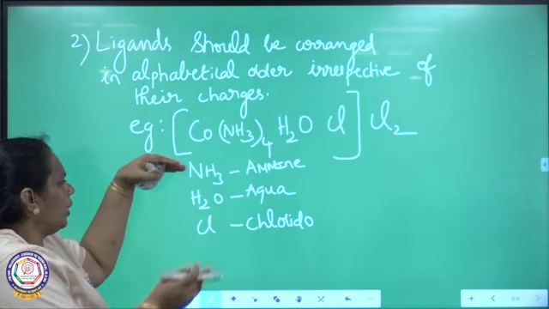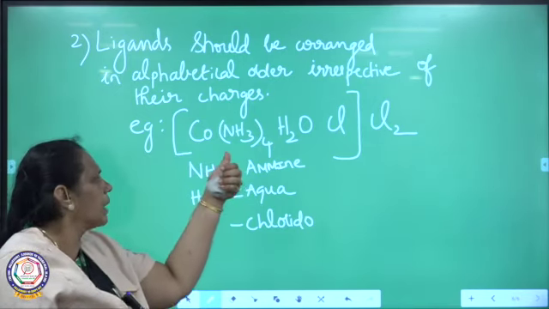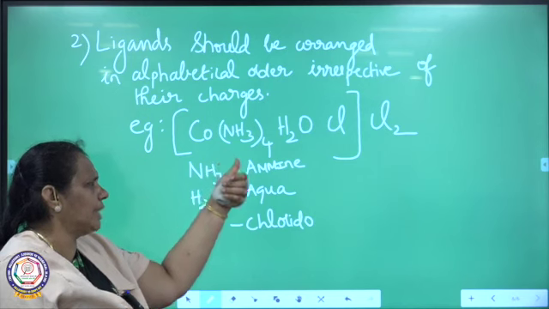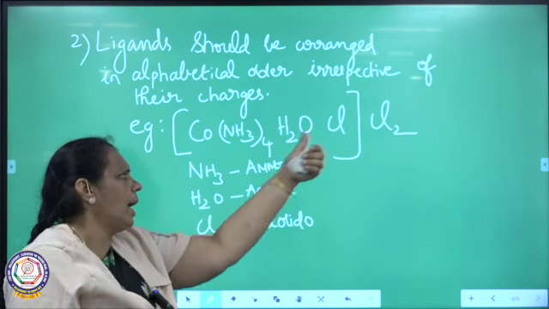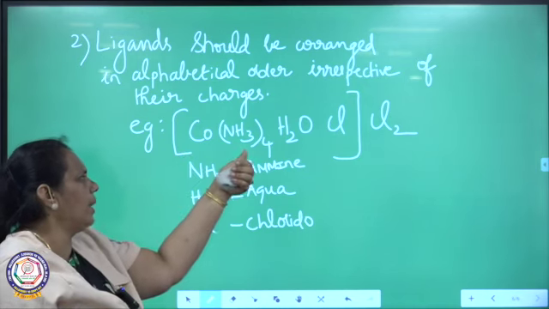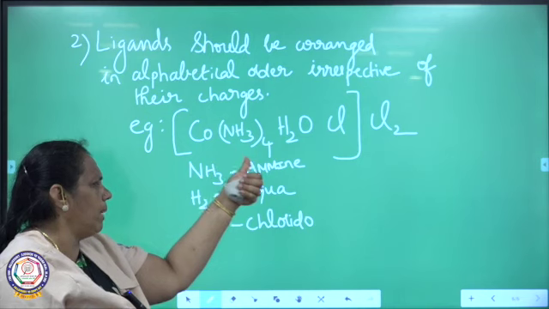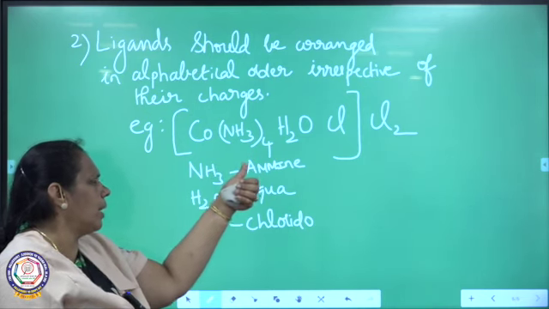If we arrange these in alphabetical order, we will write ammine first, followed by aqua and chlorido. So here cobalt is the central metal ion, ammine is the first ligand, followed by aqua and chlorido, according to the alphabetical order.